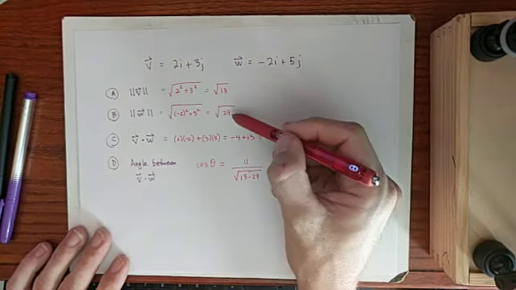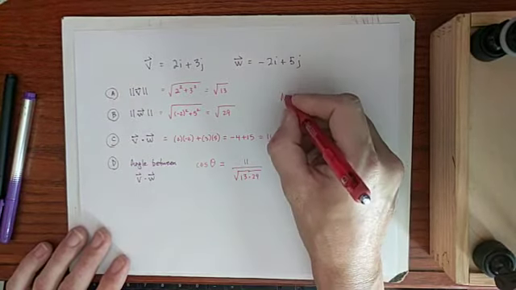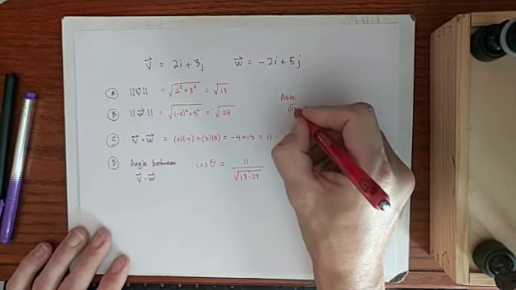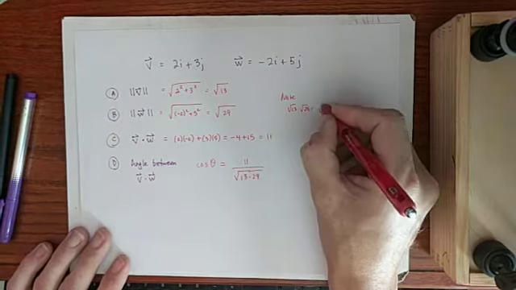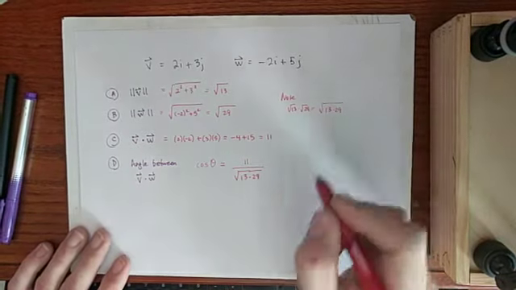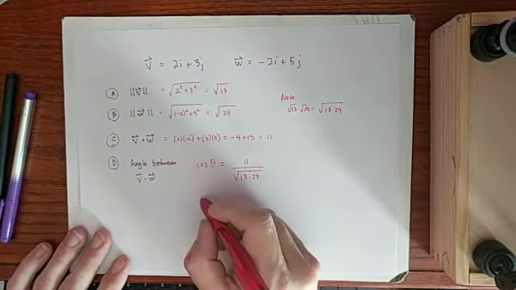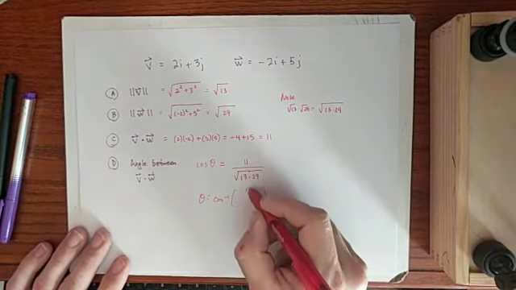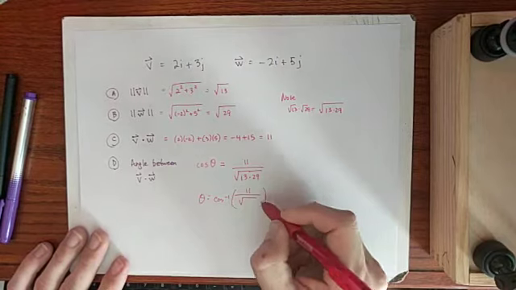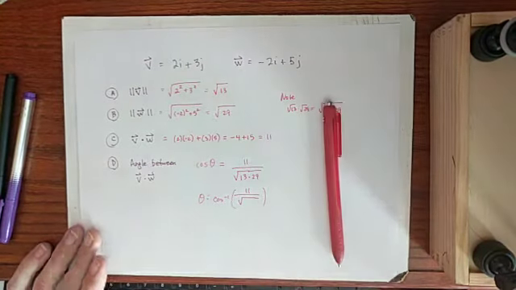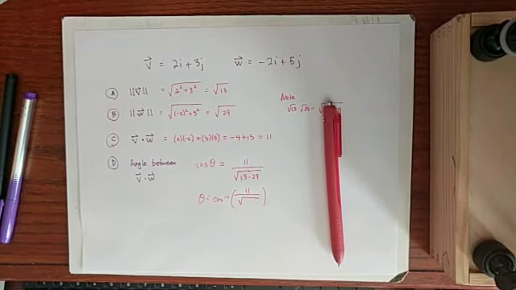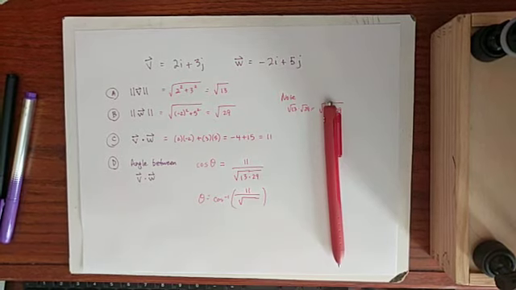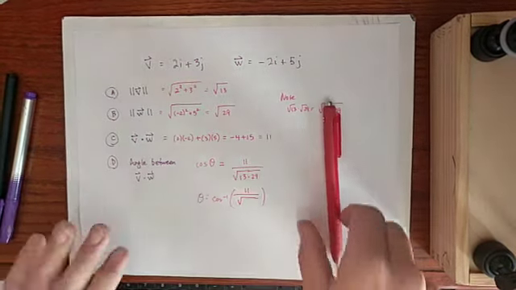The square root of 13 times the square root of 29 is the same thing as the square root of 13 times 29. All right, so how do I find this angle? I do the inverse cosine of this crazy fraction here. And I can do 13 times 29 real quick, so let's do that. That's 377.